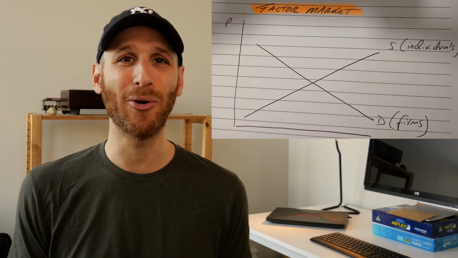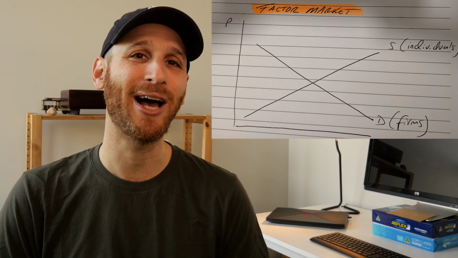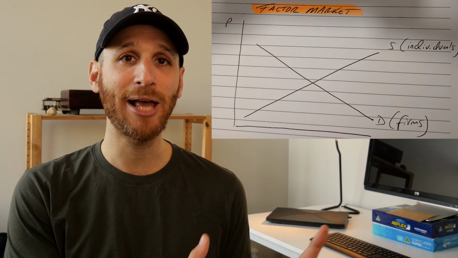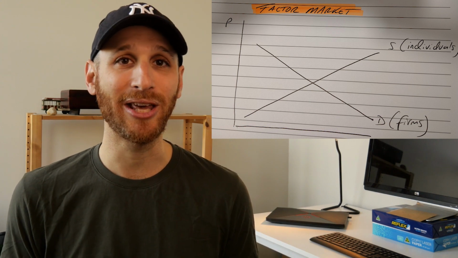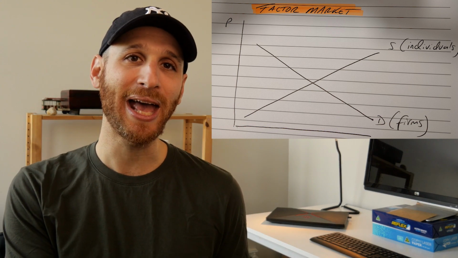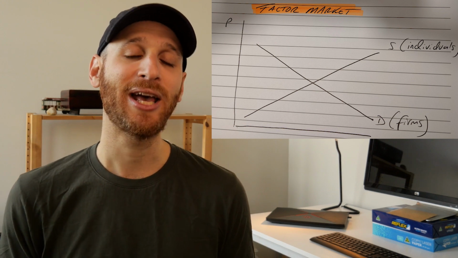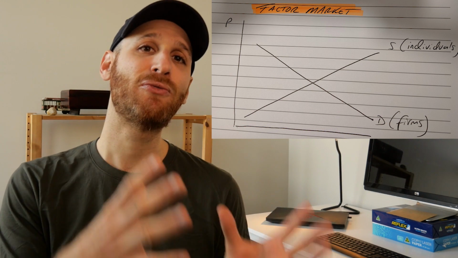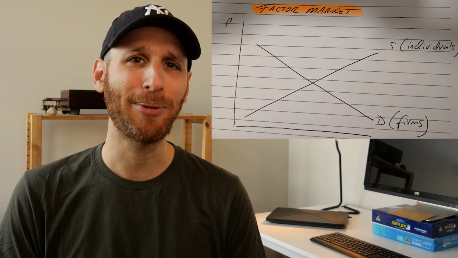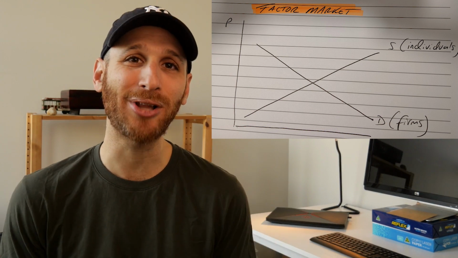Firms don't supply workers, people supply their labour. So the supply of labour comes from people in the economy. Then the demand in the labour market is for labour. And you can see, firms demand labour. People don't demand labour, they supply labour.